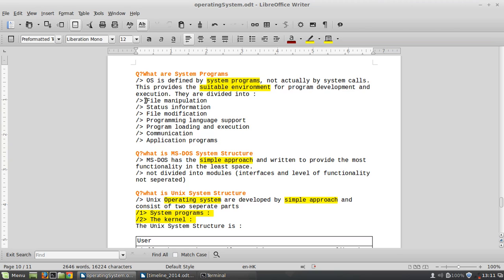All the application programs you can see here, like Google Chrome or the terminal, are all environments that provide you some kind of platform for program development and execution.